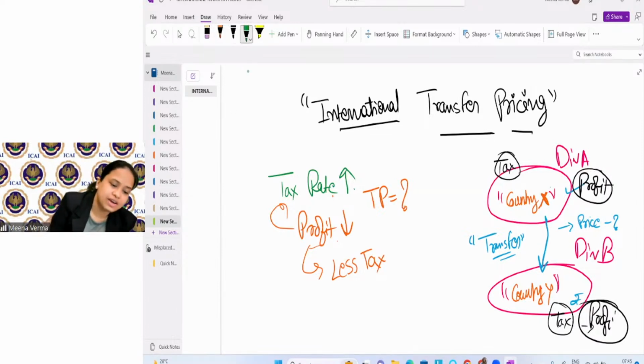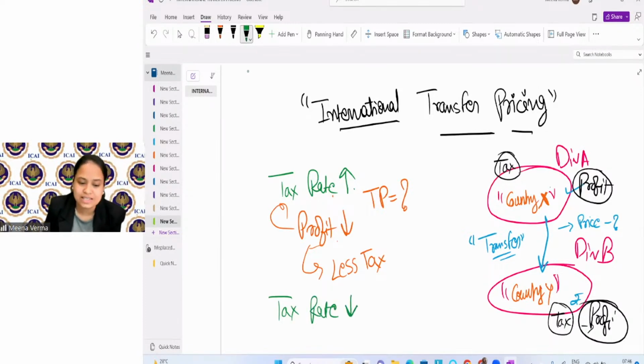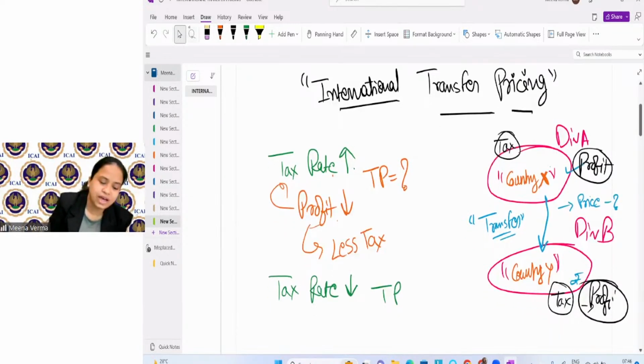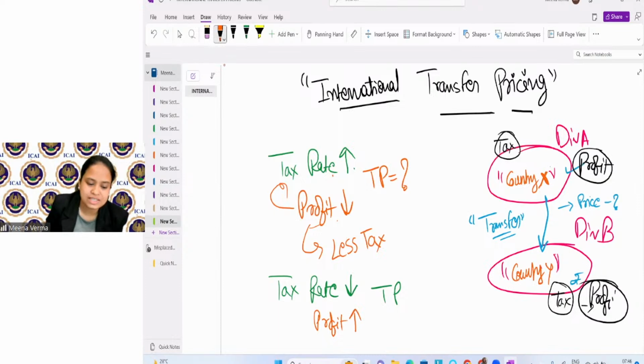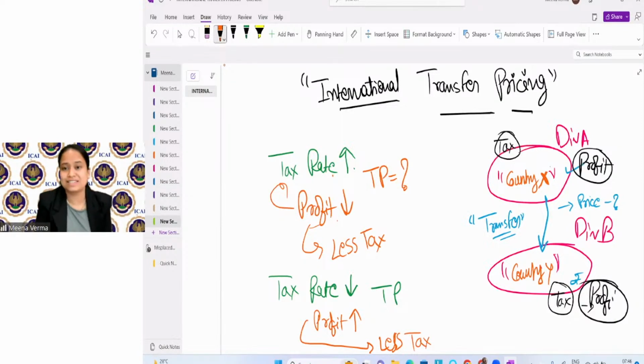And in a country where the tax rate is less, decide the transfer pricing in such a way that the profit will be high. Obviously, in this case also, you will end up paying less tax. Why? Because the tax rate is less.